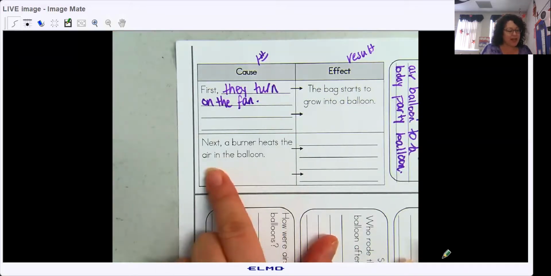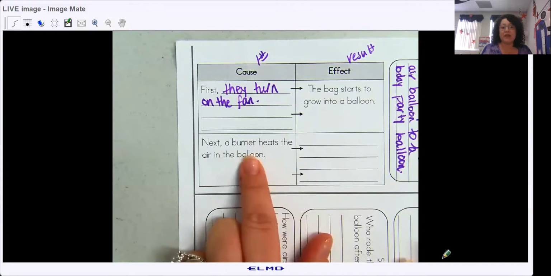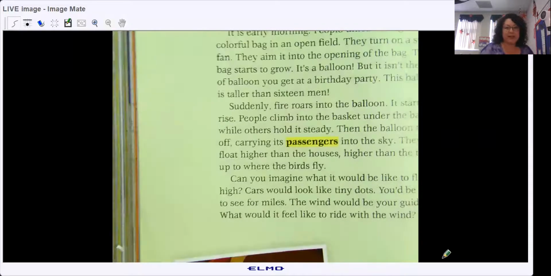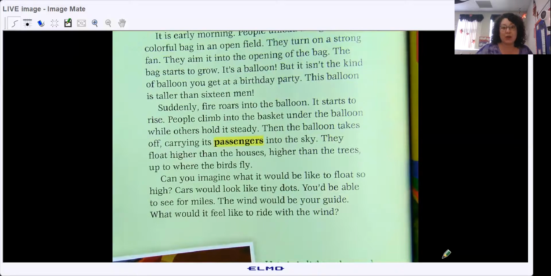Next, a burner heats the air in the balloon. So now we have to figure out what is the result of the burner heating the balloon. Suddenly, the fire roars into the balloon. It starts to rise. People climb into the basket under the balloon while the others hold it steady. Then the balloon takes off, carrying its passengers into the sky. They float higher than the houses, higher than the trees, up to where the birds fly.